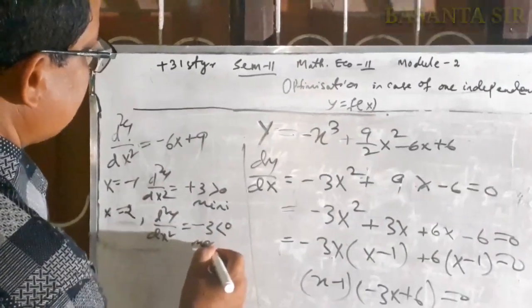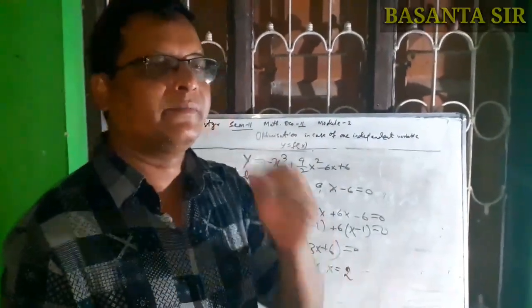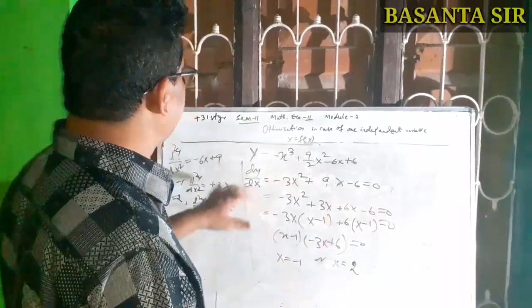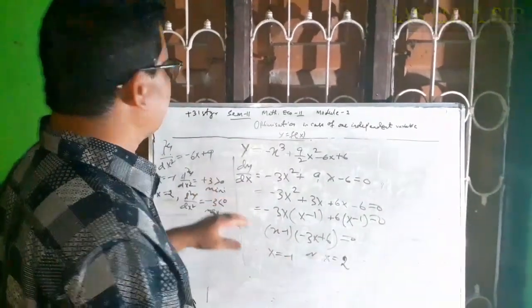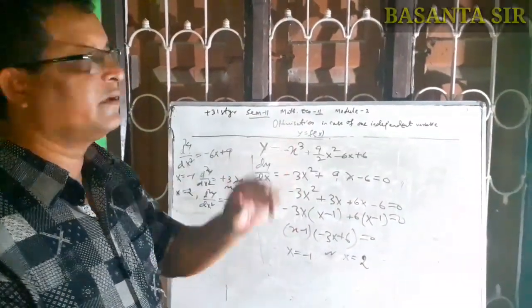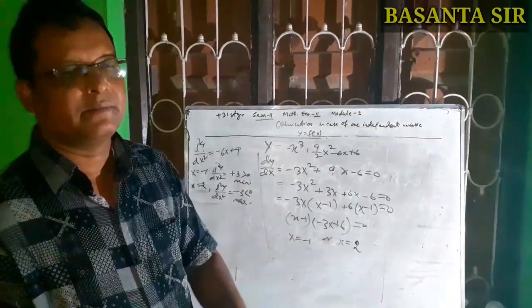It is maximum. Likewise, we can find the value of x by taking the first order derivative equal to 0 and putting the value of x in the second order derivative.